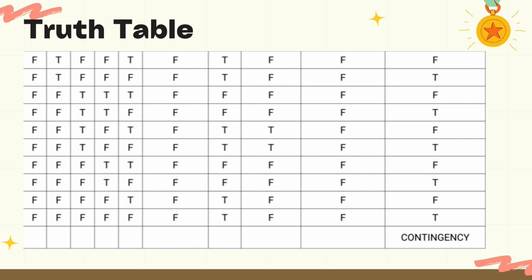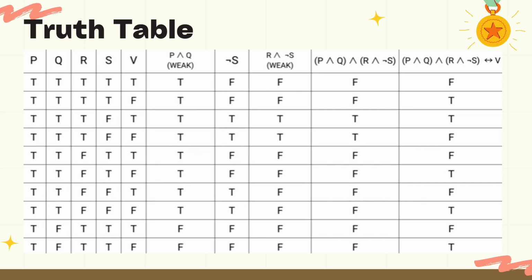This ensures the logic used in the system is consistent and reliable. The password is strong if and only if all conditions are met. So the final equation is P and Q and R and not S conditional to V.